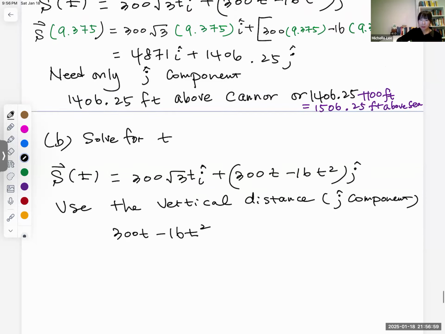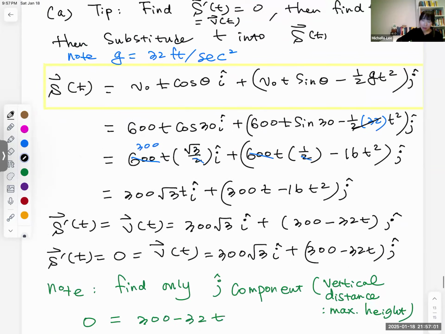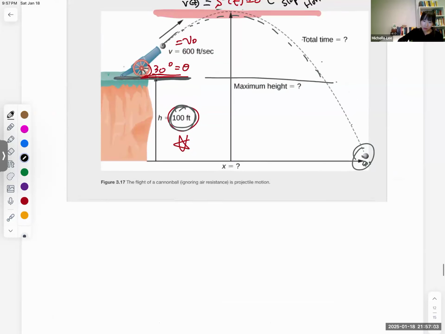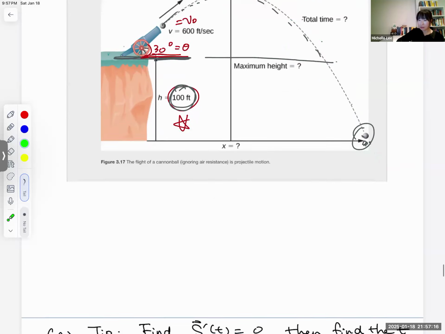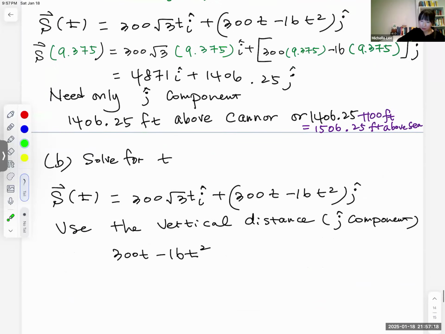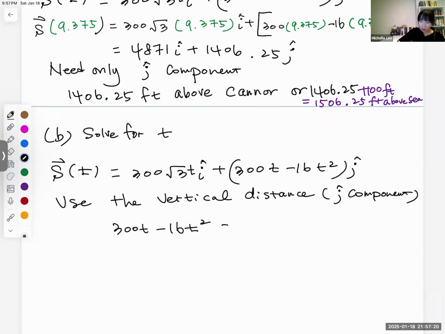Then look, the height is 100 feet from here to here. Then splashing into the water, we can set it up as negative 100.